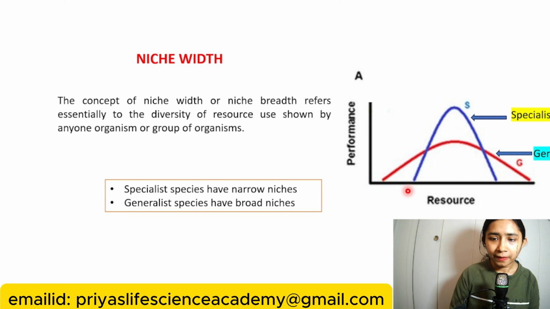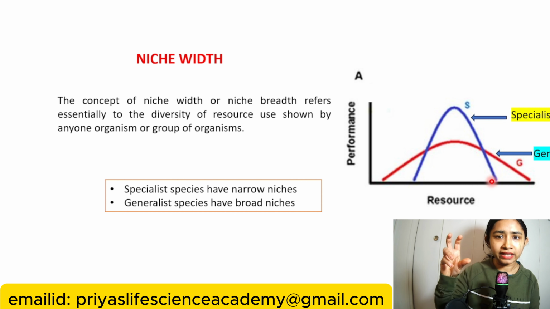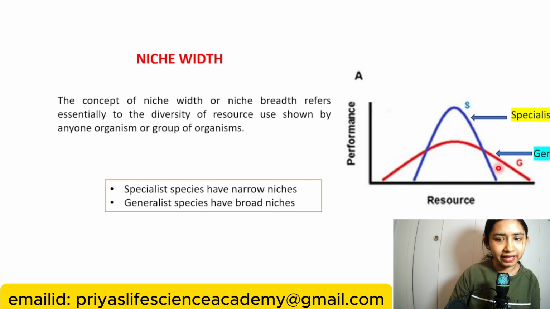But the generalist species can consume a lot of varieties of food. That's why the graph is broad. It is a narrow bell-shaped curve for the specialist species because they consume only special kinds of food, but generalist species consume a lot of varieties of food.